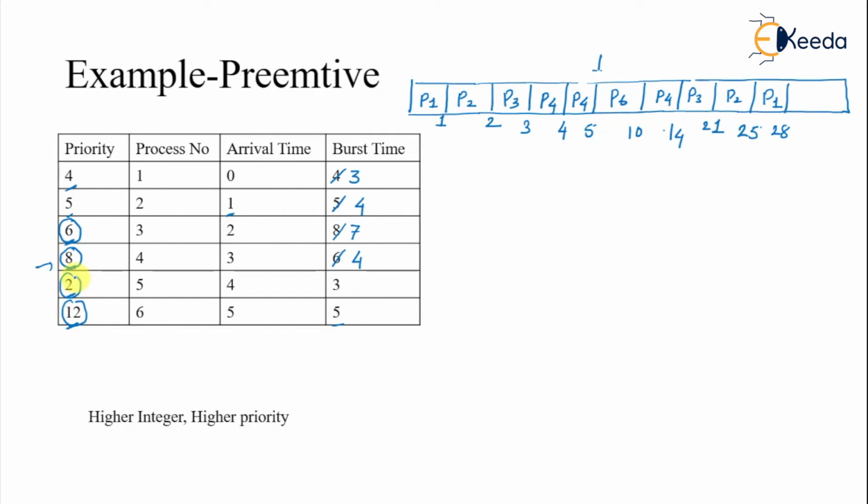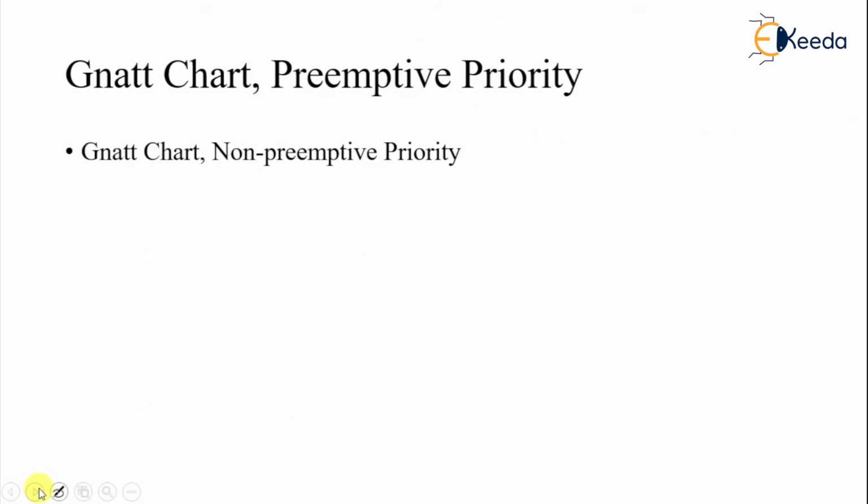The last one is your 2, which has a burst time of 3, and that is your P5. That's 31. Fine. So this is the Gantt chart for the preemptive one, and I hope you will agree with this. This is the Gantt chart for the preemptive scheduling, where a higher integer means higher priority.